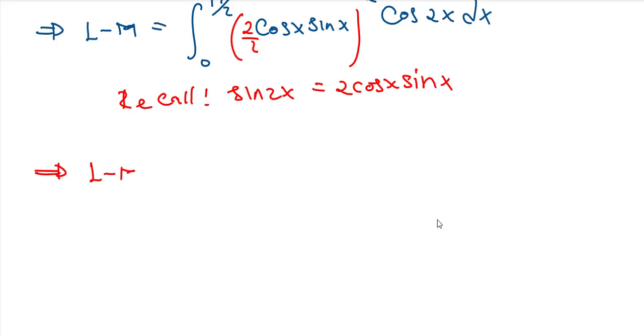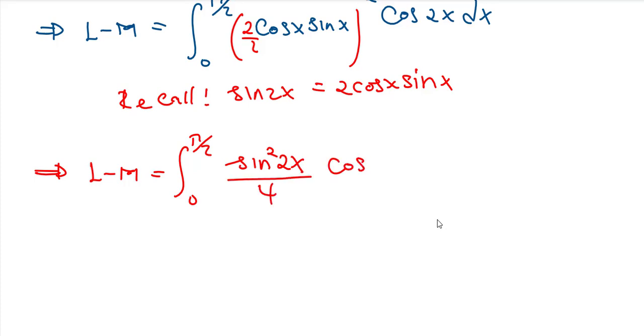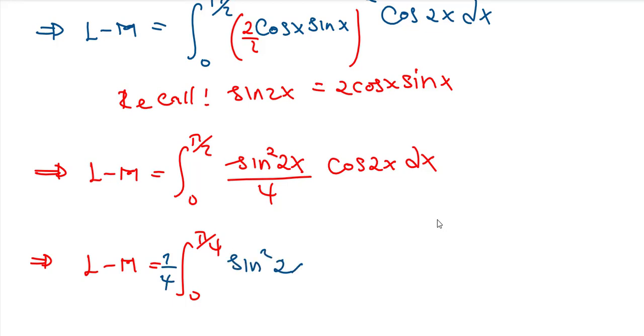So L minus M will be the integral from 0 to pi on 2 of sine squared 2x divided by 4, then times the cosine of 2x dx. So L minus M will be the integral from 0 to pi on 4 of, I'll keep this outside, 1/4 of sine squared 2x cos 2x dx.